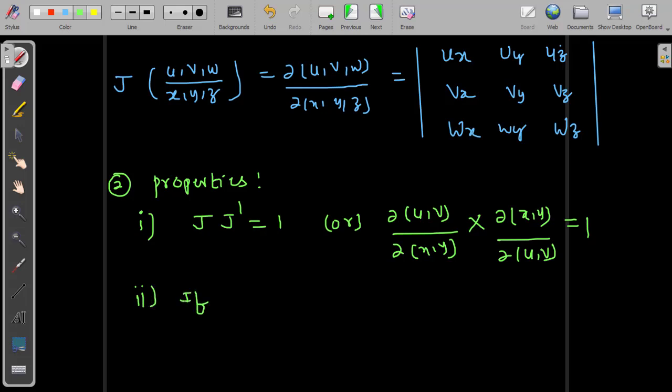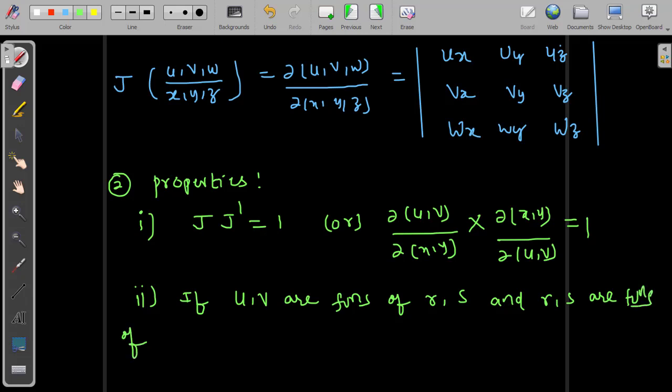If u, v are functions of some variables r, s, and r, s are functions of x, y, then it's a chain rule property.